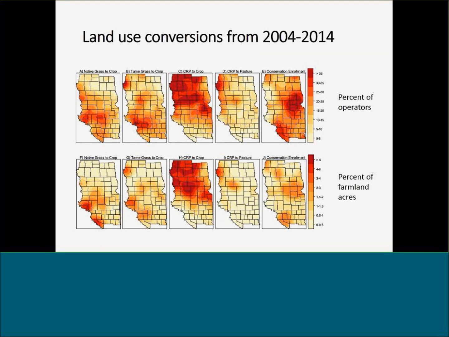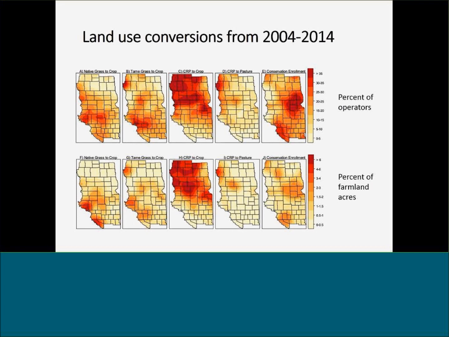That tends to be concentrated to the west and the southern part of the study area, with hotspots popping up more in South Dakota than North Dakota. Tame grass is a little bit similar to native grass. And in contrast, CRP is concentrated much more in North Dakota.